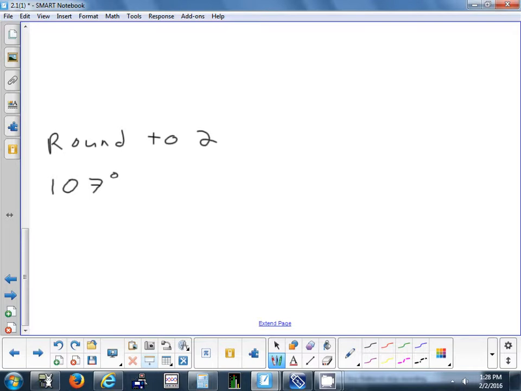Okay, and we'll do it to 2 decimal places. One way to tell this is a problem you probably should round is this is not a multiple of 30 or 45. But you're not going to have to guess on the test. The directions will be very clear, either to round or leave it exact.